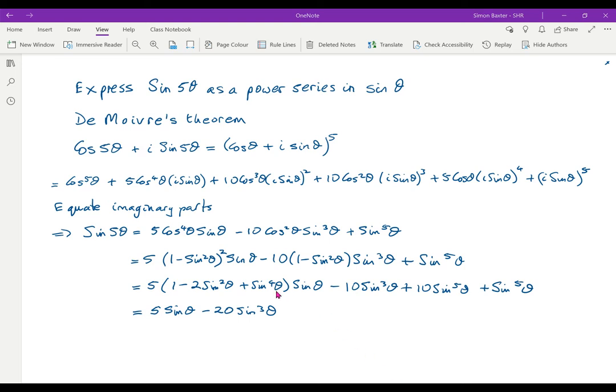And the last term in the bracket, 5 times sine to the 4 times sine is 5 sine to the power 5, plus 10 sine to the 5 is 15, plus 1 is 16. So that is plus 16 sine to the power 5 theta. And now we have written sine 5 theta as a power series in sine theta.